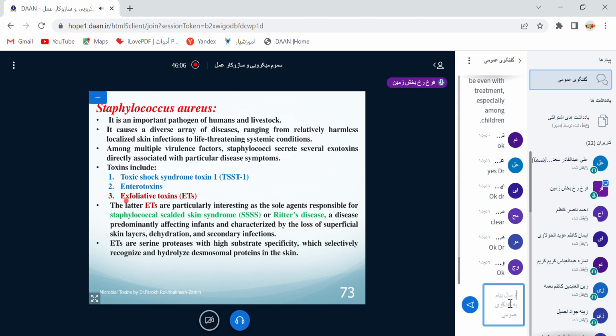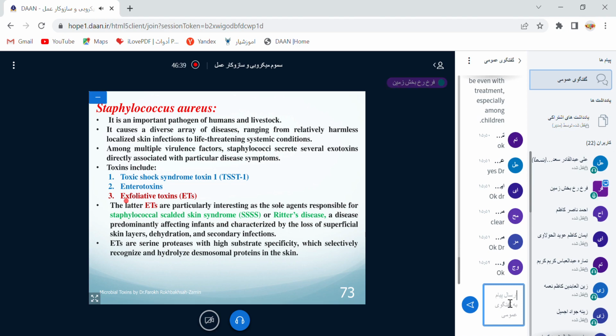And the last one, which today we want to focus on and discuss only, is exfoliative toxin, ET. Number 1 and 2 we will discuss later on.